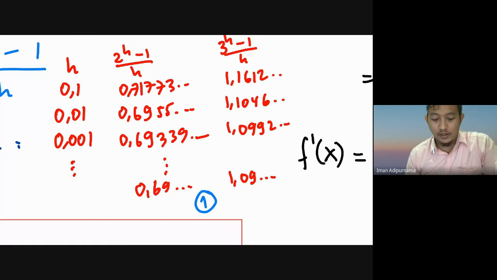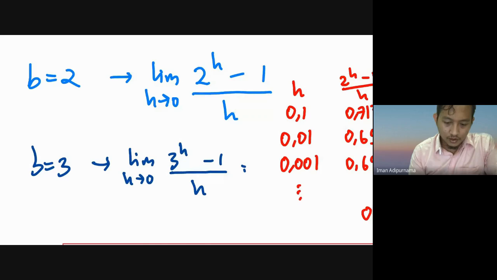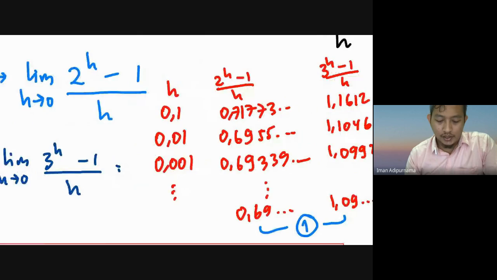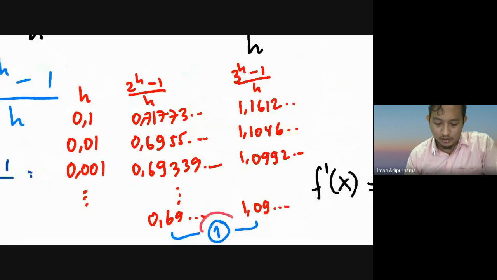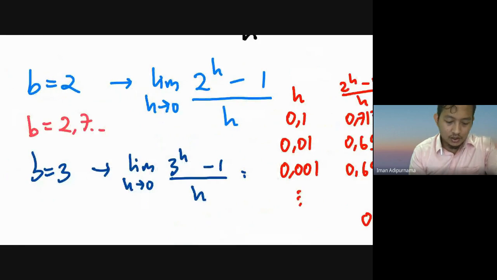So in between 2 and 3 you will have 1, between this and this. So there will be a b, in between, b equals 2 point something, between 2 and 3, that makes the limit here equal to 1. And that is actually e.